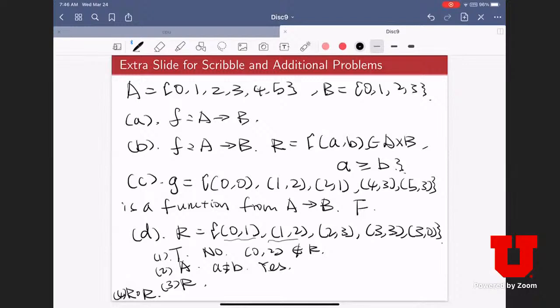Can you repeat that again? Yeah. If A is not equal to B, we cannot find ordered pairs where both (A, B) and (B, A) are contained in relation R, which means it is antisymmetric. Okay, thank you.